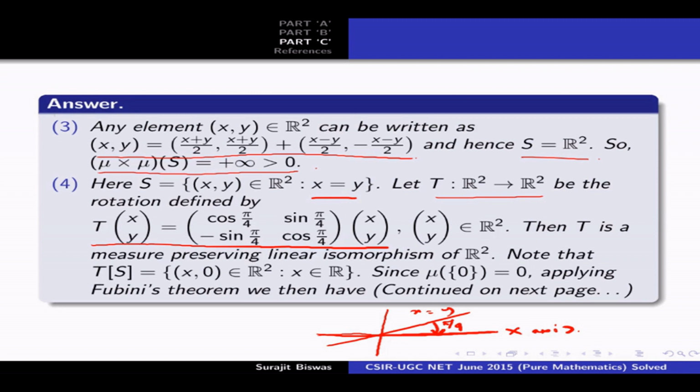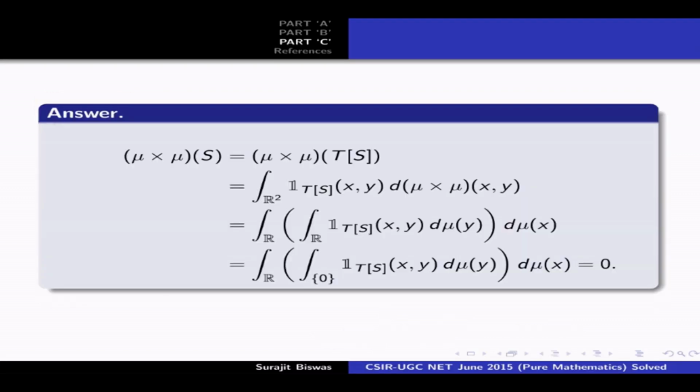Note that T(S) equals R times {0}, that is the x-axis, and since mu of {0} is equal to 0, applying Fubini's theorem we then have mu(S) equal to mu2(T(S)), and this by Fubini's theorem is the integral over R2 of the characteristic function of T(S) at (x,y) with respect to the product measure.